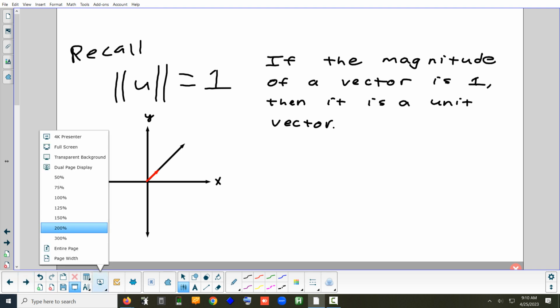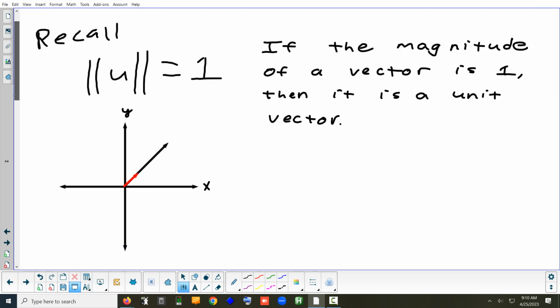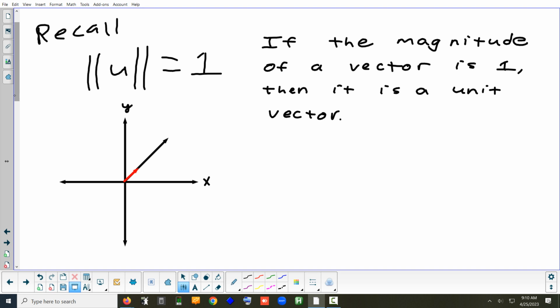Okay, so a little bit of a review from yesterday. We talked about if you have a vector that is a length of 1, and I kind of mentioned this today already, that's called a unit vector. What I want to look at is what happens if we have a vector that's not a unit vector, and we want to make it a unit vector.